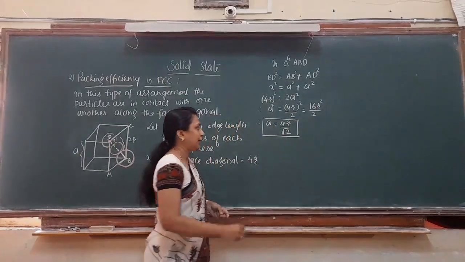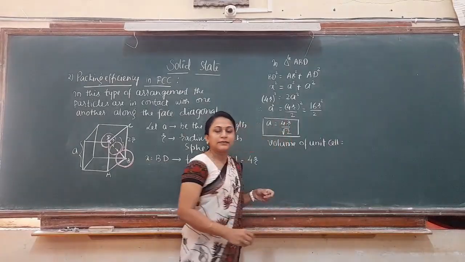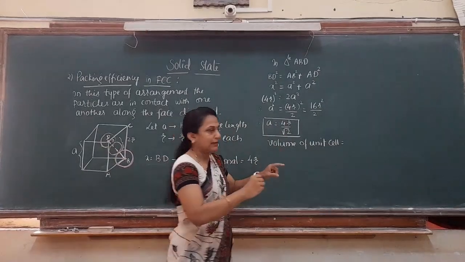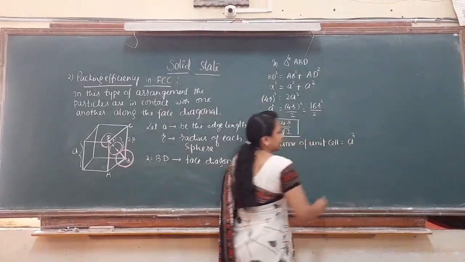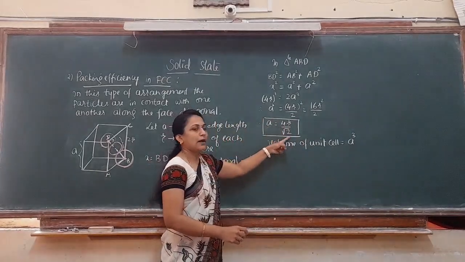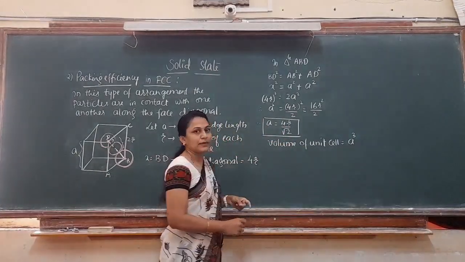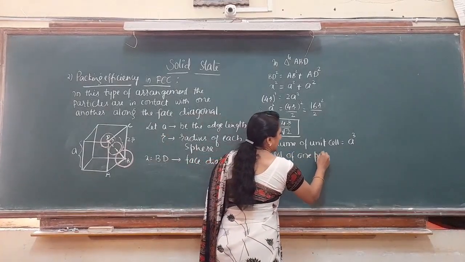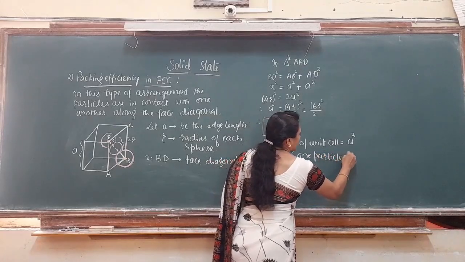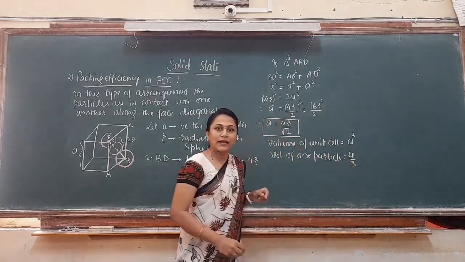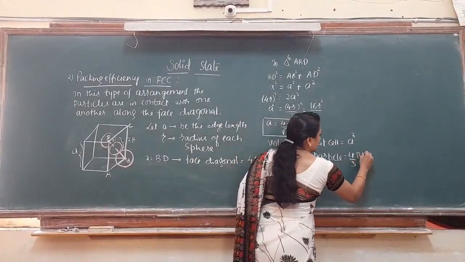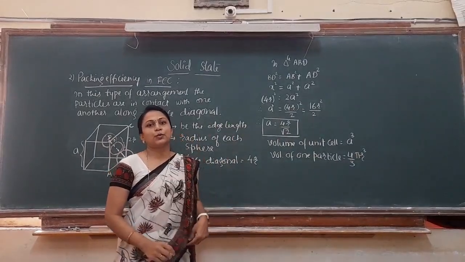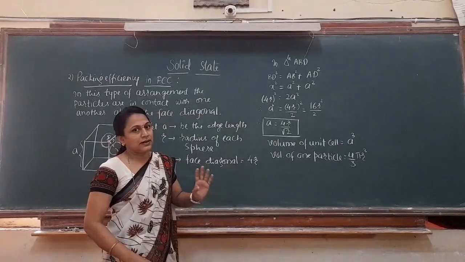Now, what about unit cell? It is length into height into breadth. That is A into A into A. That is A cube. What is A cube here? It is 4R by root 2 cube. Volume of one particle is 4 by 3 pi r cube. And you know that in the face-centered cubic unit cell, number of particles are 4.